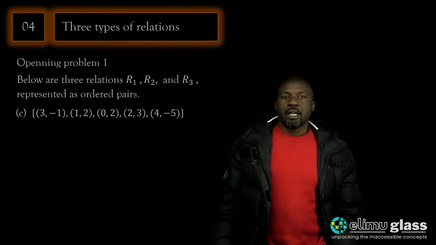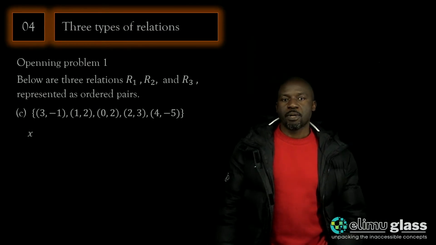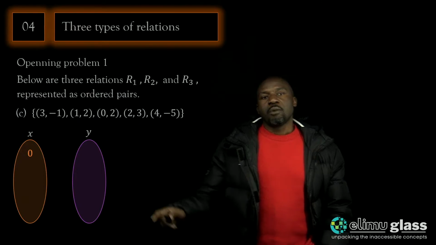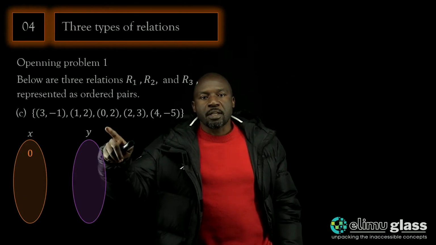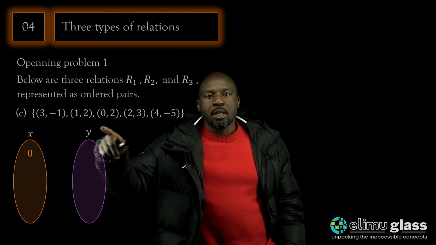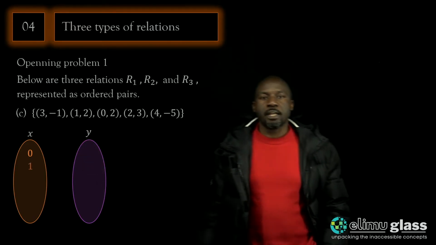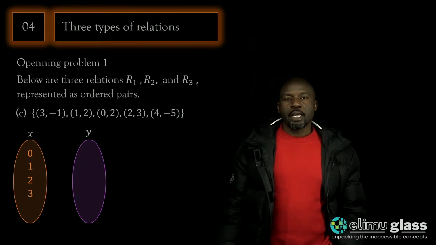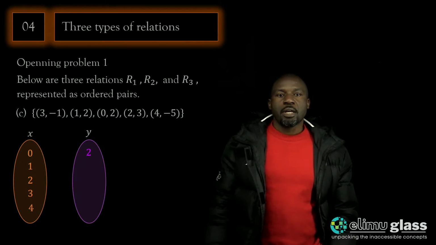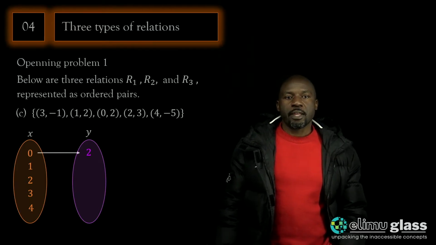All right, the third one there, let's see, once again, we drew the mapping diagram. The smallest there is 0, I think, followed by 1, then 2, then a 3, and there is a 4 there. Okay, put in the output. So 0 maps onto 2, I think, yes.